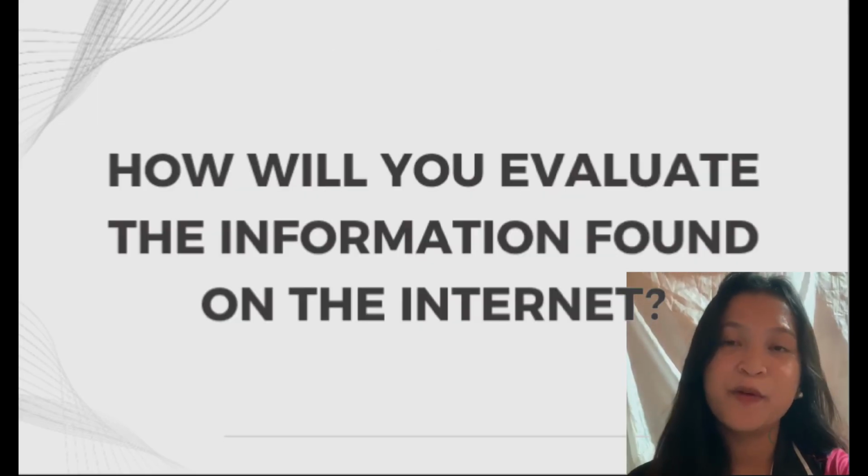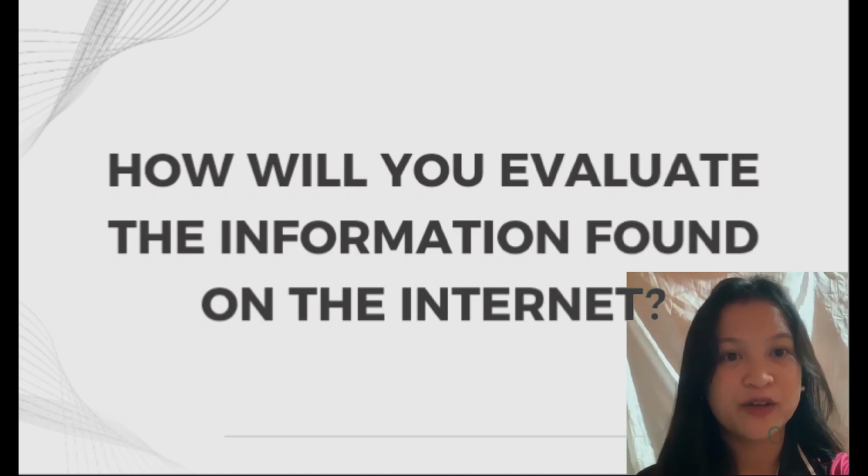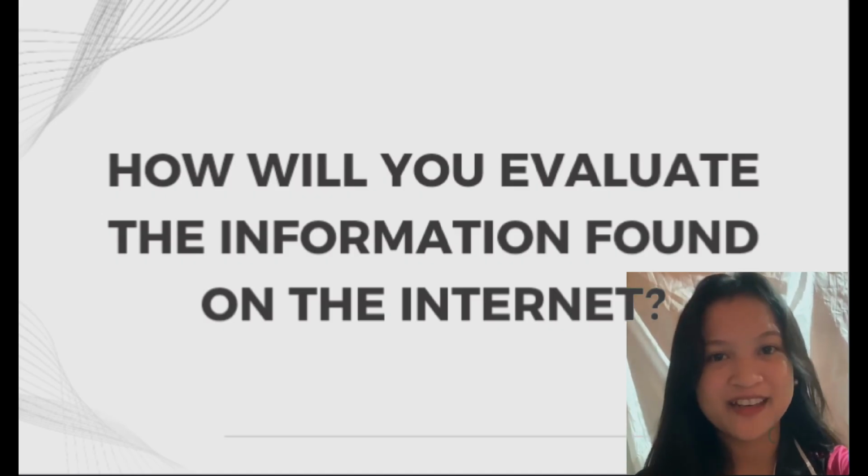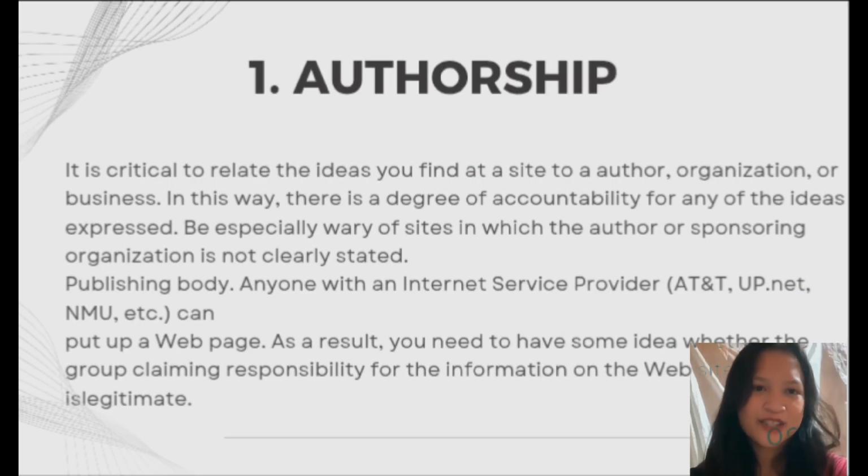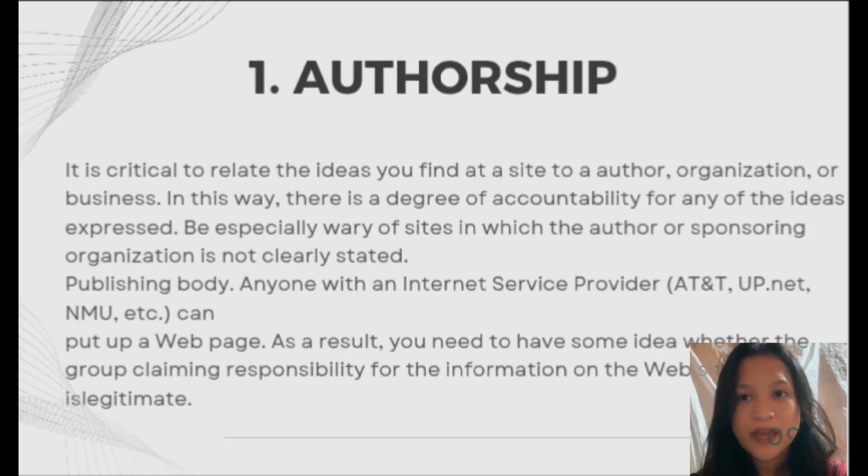So next, how will you evaluate the information you found on the internet? Well, let's find out. So first is authorship. It is critical to relate the ideas you find at a site to an author, organization, or business. In this way, there is a degree of accountability for any of the ideas expressed. Be especially wary of a site in which the author or sponsoring organization is not clearly stated.